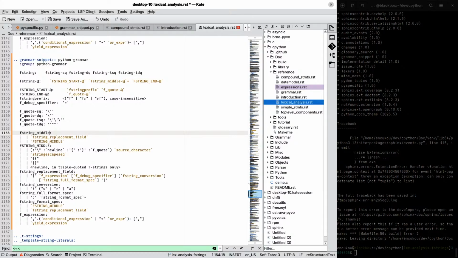And now f-string middle has a suffix. F-string replacement field, I don't think that really needs it. Oh, it does, for this f-string middle.